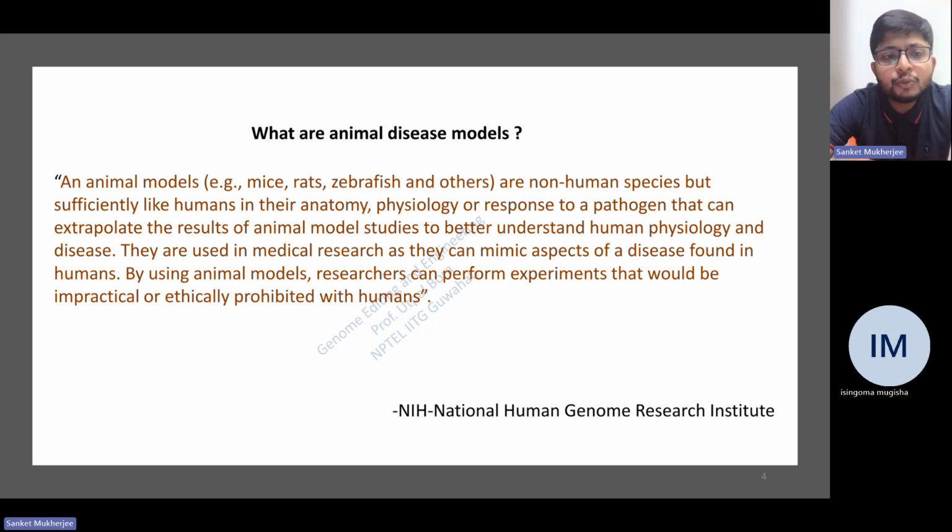All animal models, it could be mice, rats, zebrafish, and others, are non-human species, but they are sufficiently like humans in their anatomy, physiology, and also genetics. And the response to pathogen can extrapolate the result that we get in normal human physiology and disease. So they are used in medical research as they can mimic aspects of disease found in humans. By using animal models, researchers can perform experiments that would be impractical or ethically prohibited with humans.